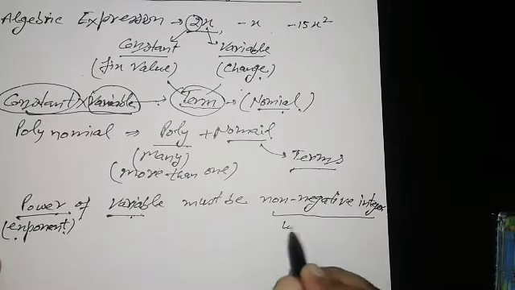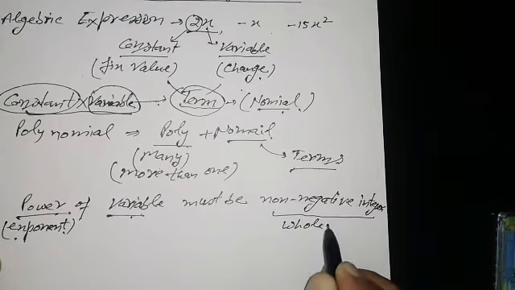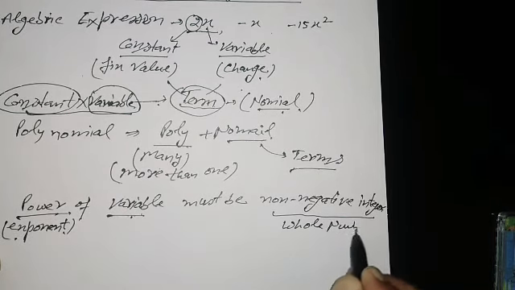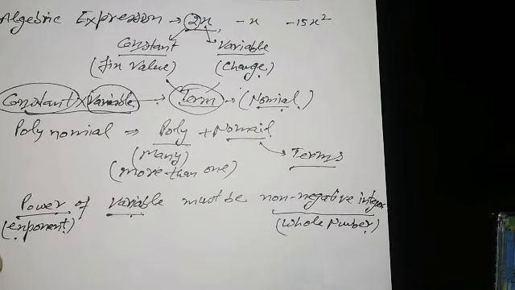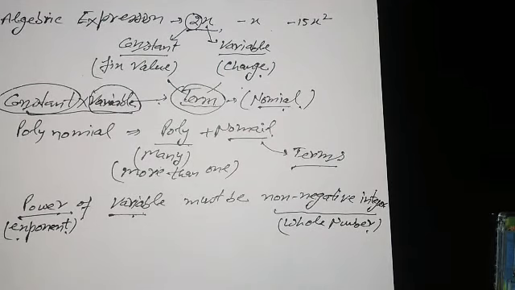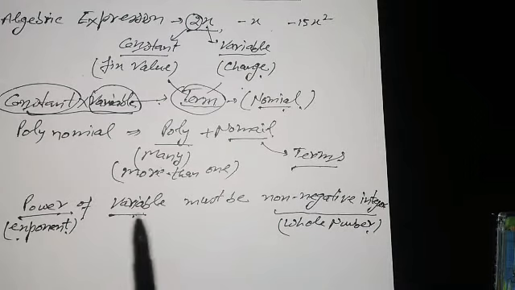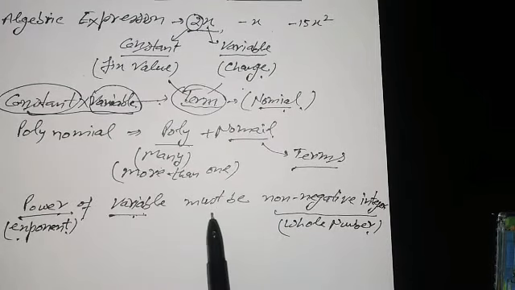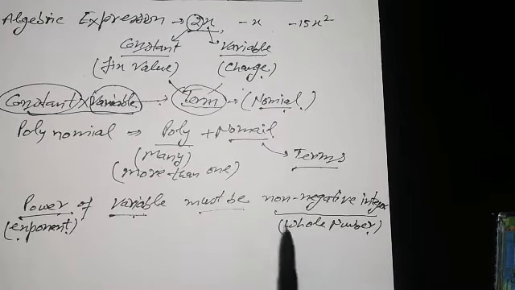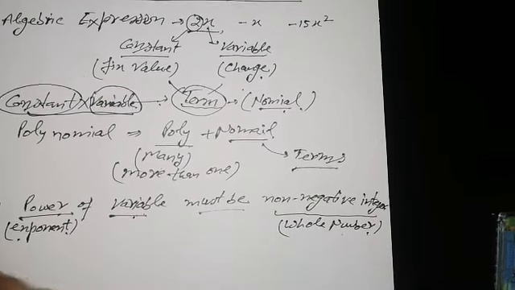Non-negative integer, you can also call it a whole number, means a term or a nomial containing a variable must have power as a whole number. The first condition.